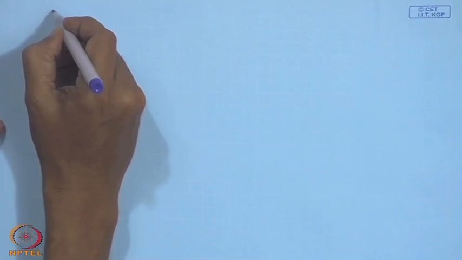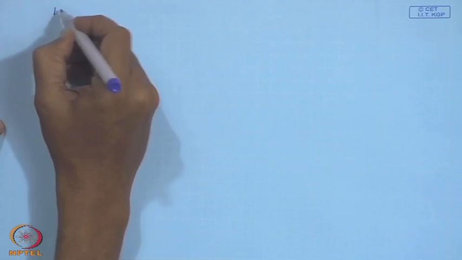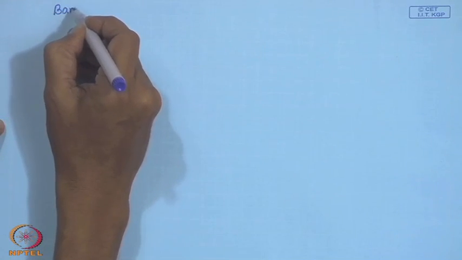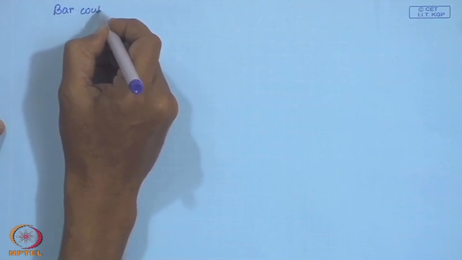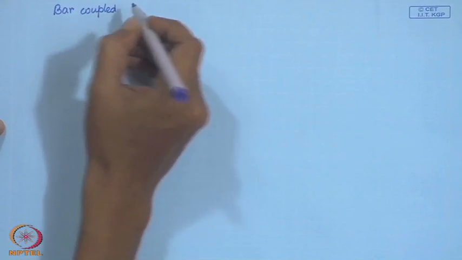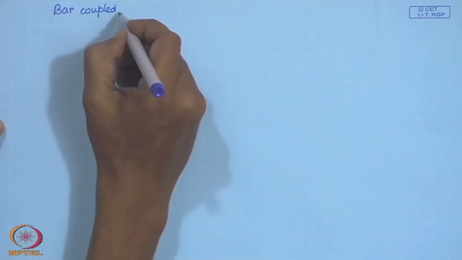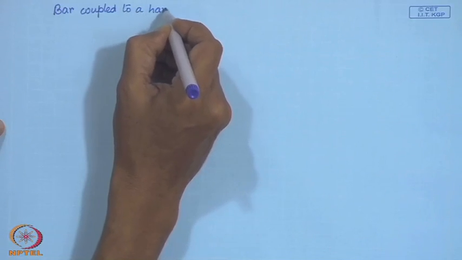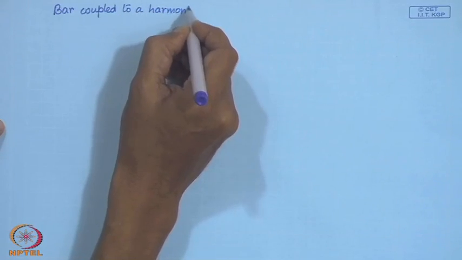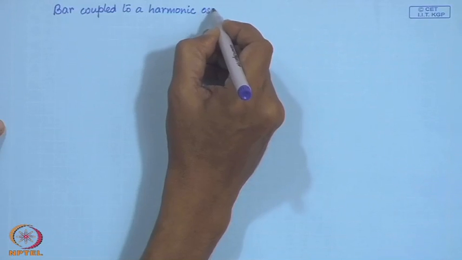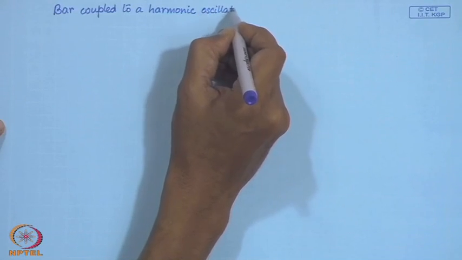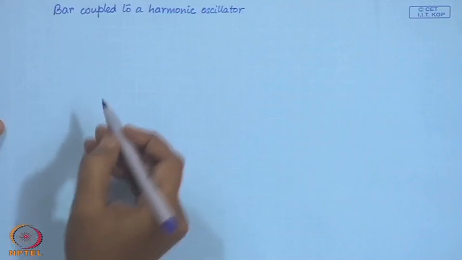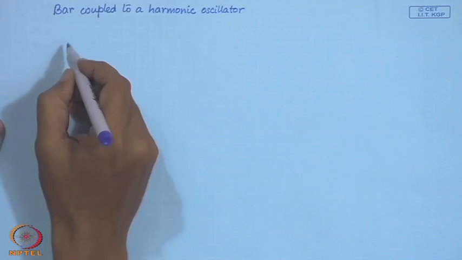Now, let us consider the example of a uniform bar which is coupled to a harmonic oscillator, which we had discussed in our previous lecture.